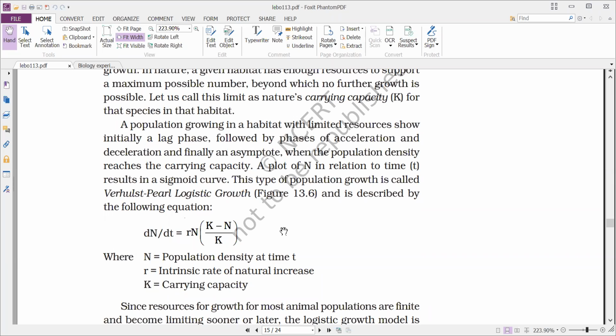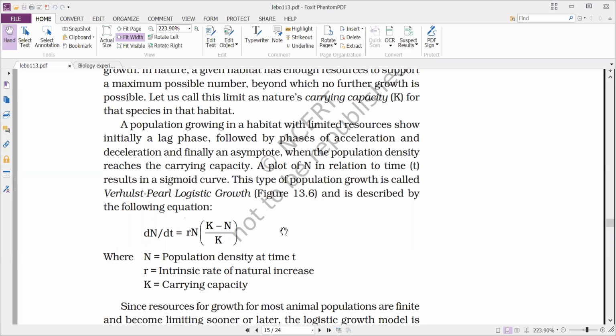This asymptote is obtained when the population density reaches the carrying capacity. A plot of N, the population density, in relation to time t, results in a sigmoid curve.